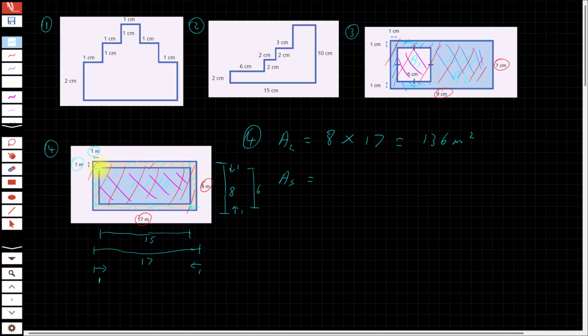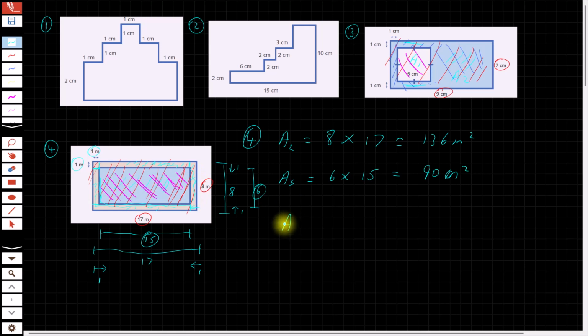So now we have the dimensions of the smaller rectangle. It is 6 by 15. So 6 times 15 equals 90 meters squared. Because we now have the area of the whole object and also the area of the inner rectangle, we can calculate the area of just the outer part.